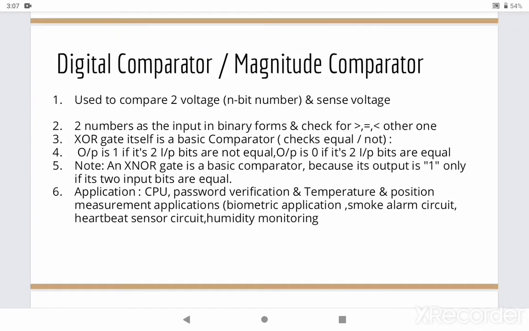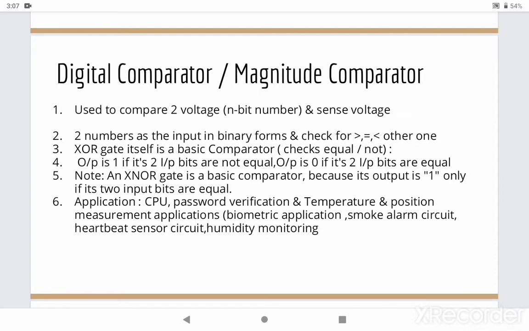Then the XOR gate itself is a basic comparator. It is checking whether the two inputs are equal or not. So the output is 1 if its two input bits are not equal.